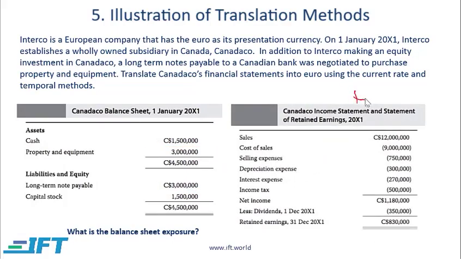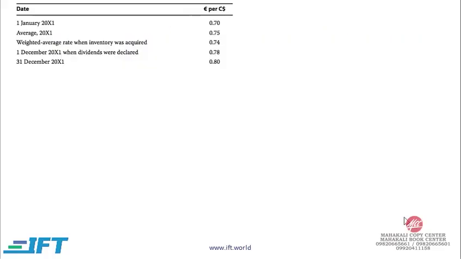Then we are given this particular income statement for the year of operation. And the numbers are shown in Canadian dollars. Our job will be to translate the income statement numbers and the balance sheet numbers into the parent's presentation currency.